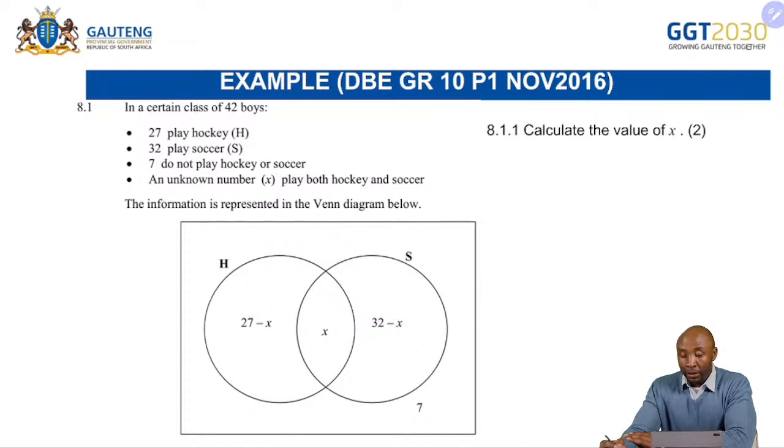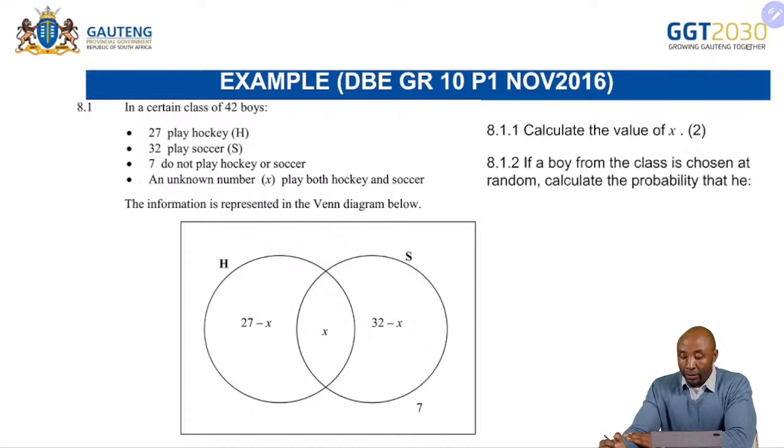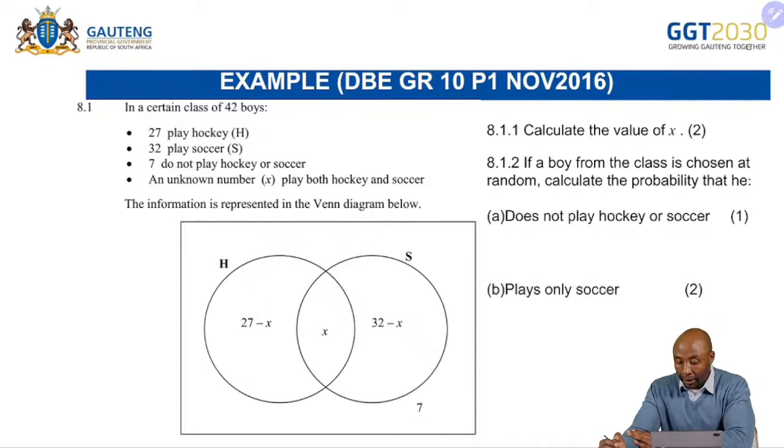We are supposed to calculate the value of x, and we are also supposed to calculate the probability that if a boy is chosen at random, he does not play hockey or soccer. And B, we also have to calculate the probability that the boy plays only soccer.